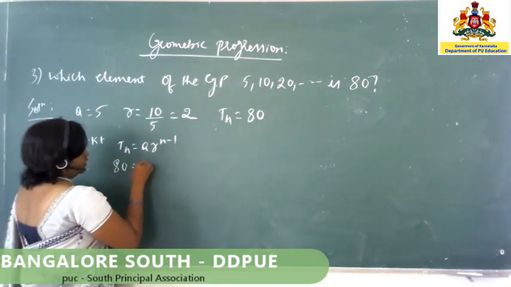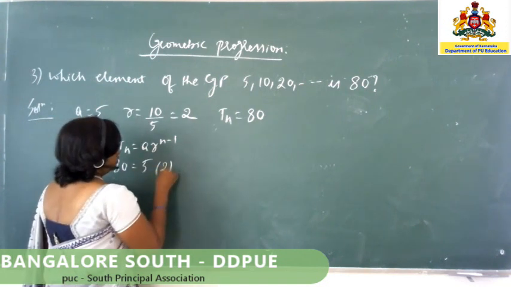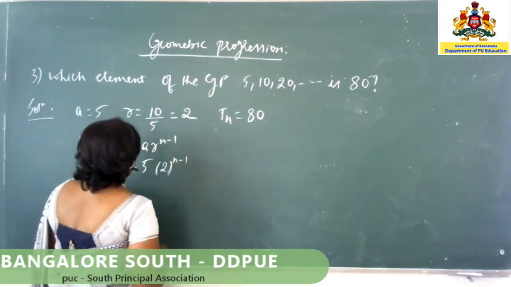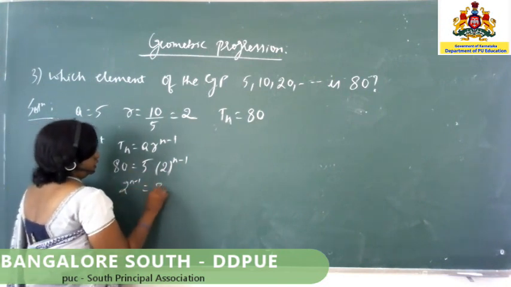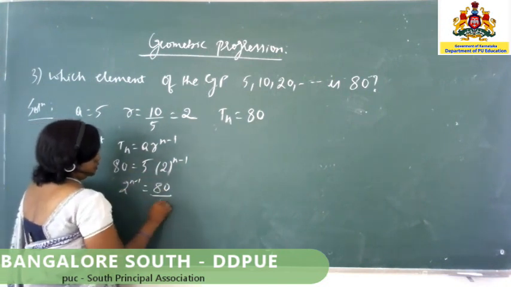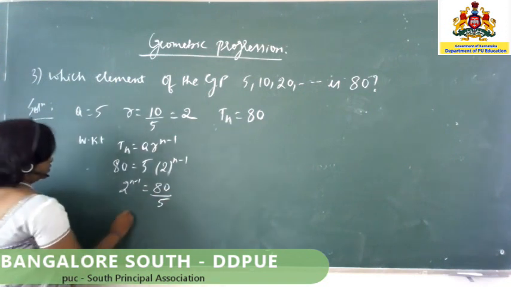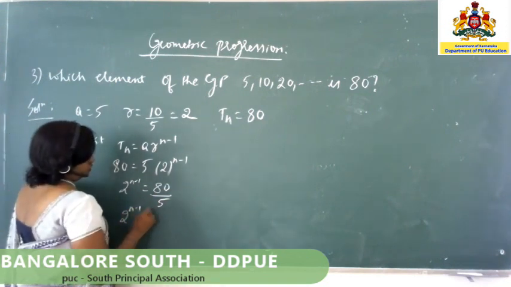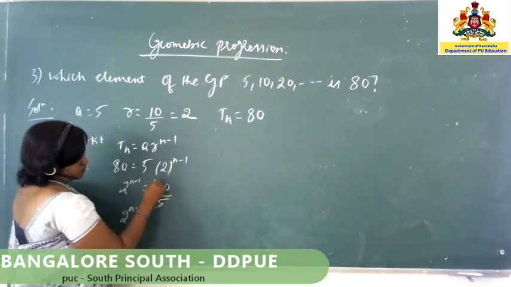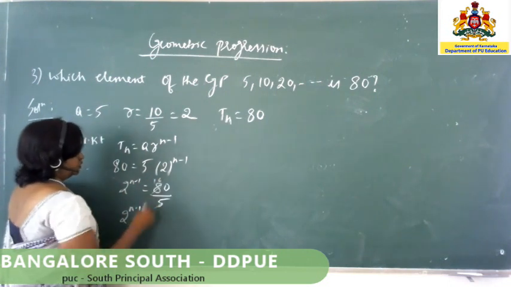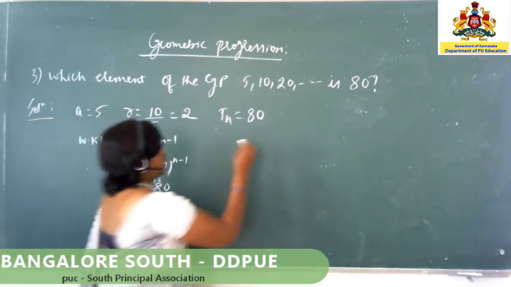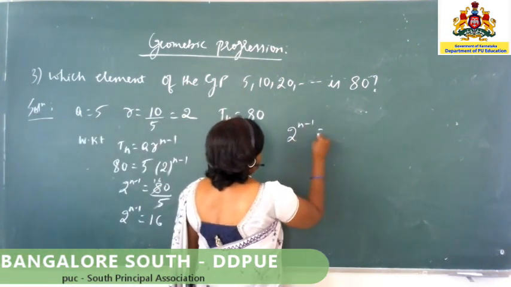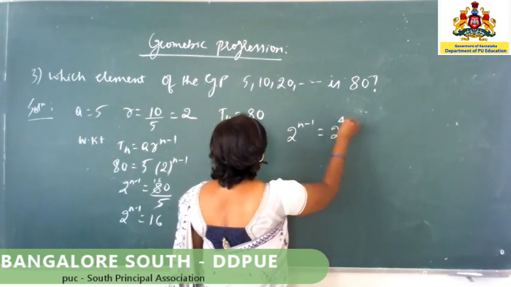A is equal to 5, R is 2 to the power of n minus 1. So 2 to the power of n minus 1 is equal to 80 divided by 5, that is 16. So 2 to the power of n minus 1 is equal to 16. 16 is 2 to the power of 4, so 2 to the power of n minus 1 is equal to 2 to the power of 4.